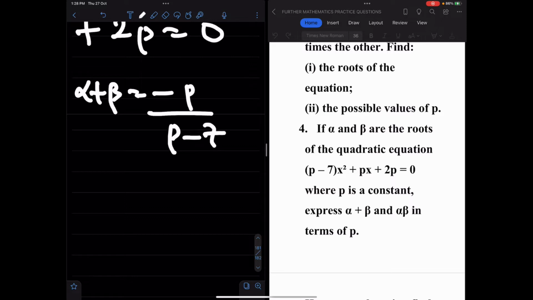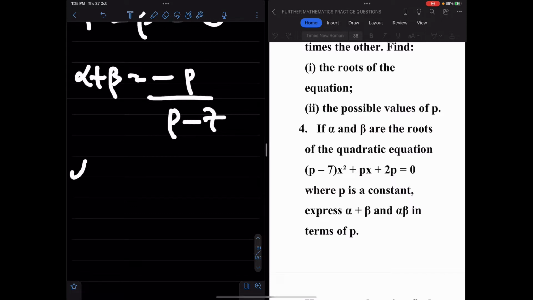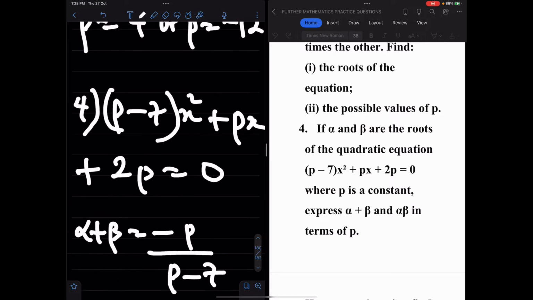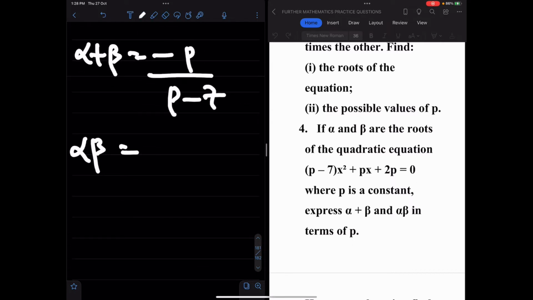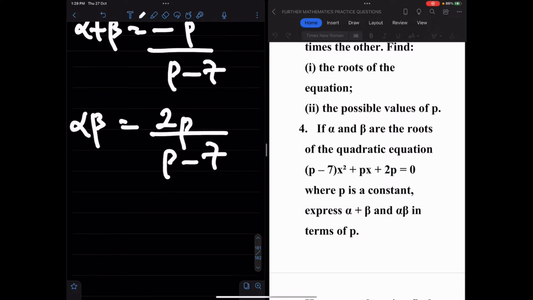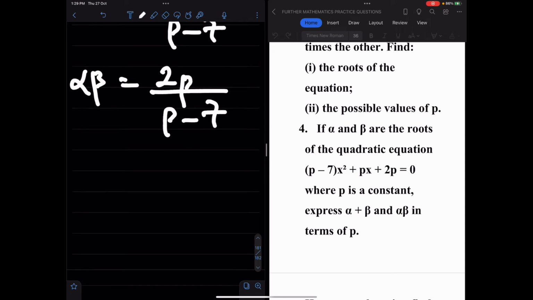That's alpha plus beta in terms of p. And alpha beta is c over a, which is 2p over (p minus 7). That's alpha beta.